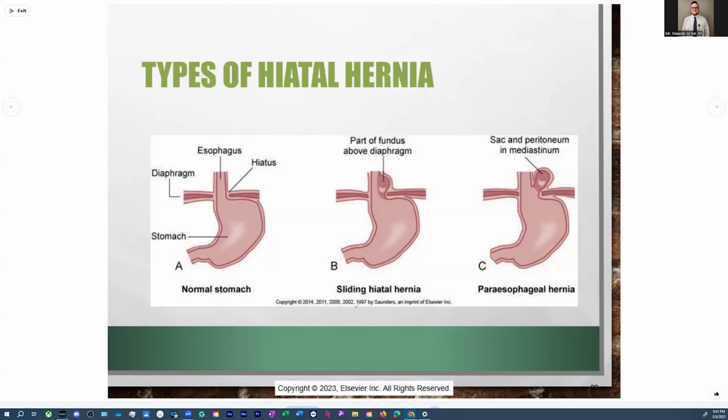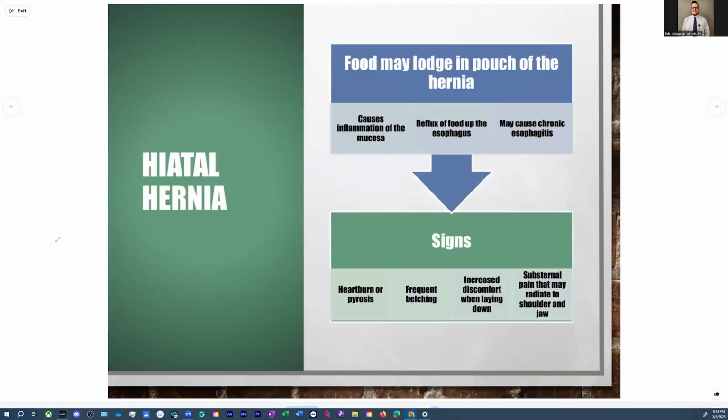It kind of depends, but overall, let's just talk about what someone's going to see with this. With a hiatal hernia, the problem is food could get lodged there and not make its way through the rest of the GI tract. That's going to cause a lot of inflammation, possibly infection around the esophagus and around the part of the stomach that might be involved.